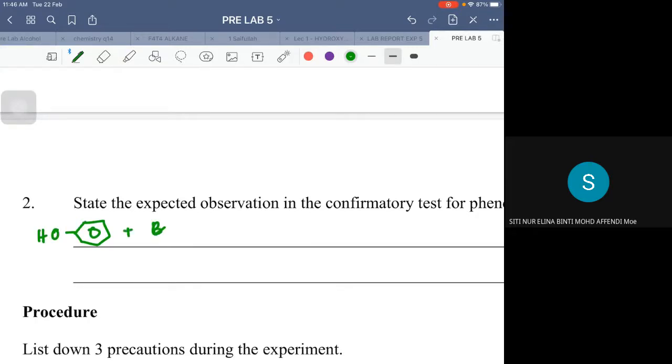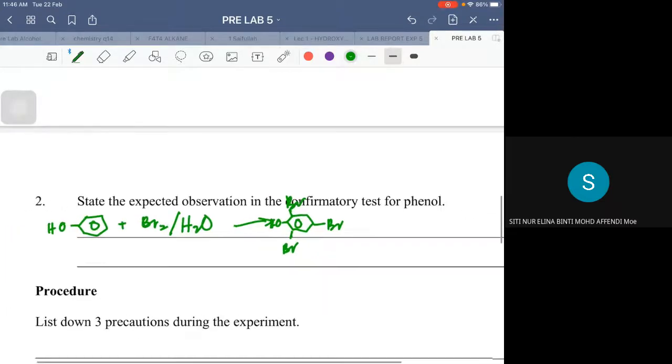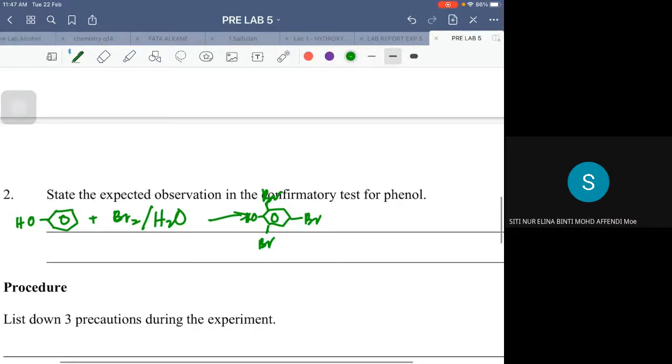Kalau you react dengan bromine water, you akan dapat 2,4,6-tribromophenol plus HBr, so you akan nampak dia ni wujud sebagai white precipitate.